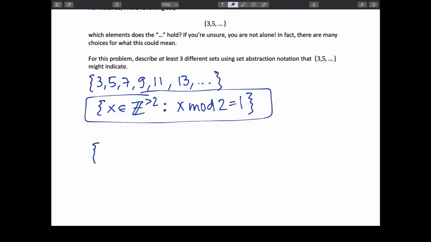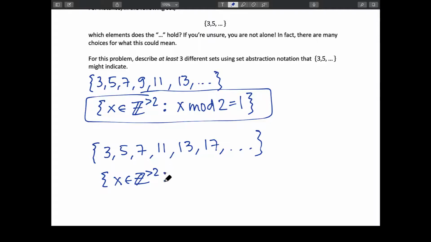All sorts. So the simple ones will also say 3, 5, 7, 11, 13, 17, onward, where this is the primes. So we're going to say x in, and we'll say just Z greater than 2. There's several ways you could write out this abstract notation.